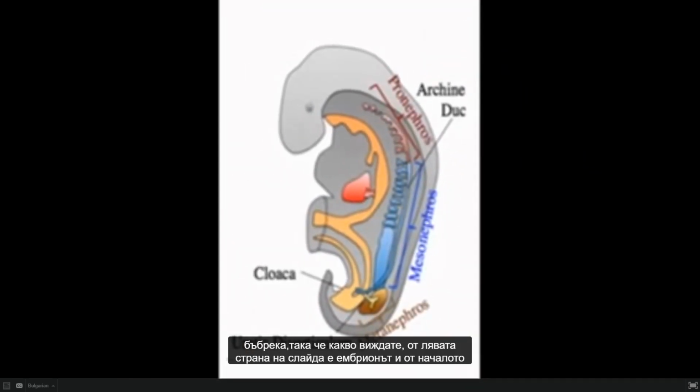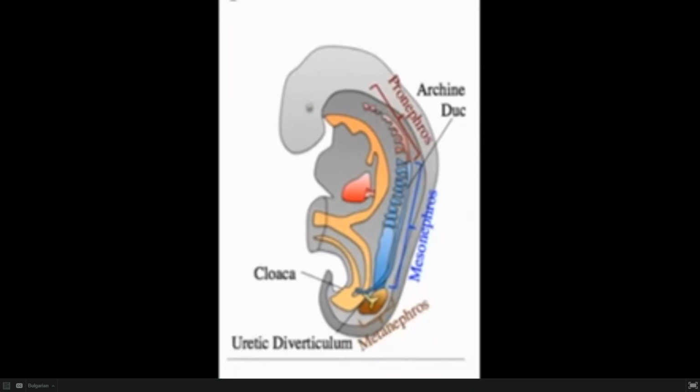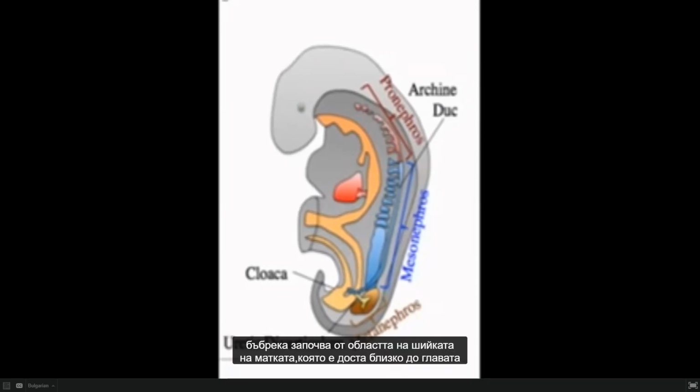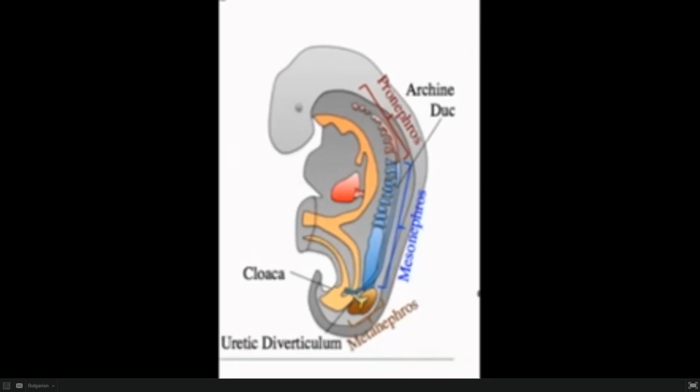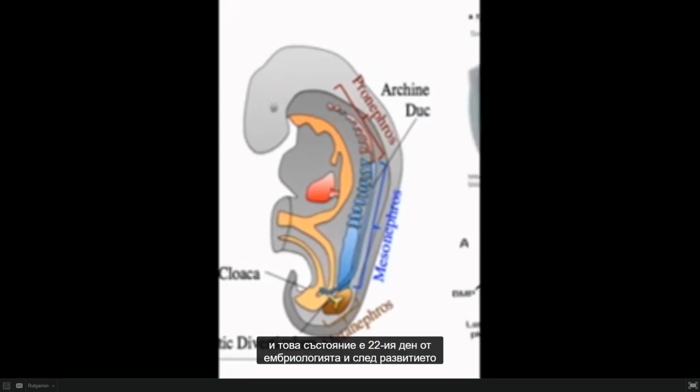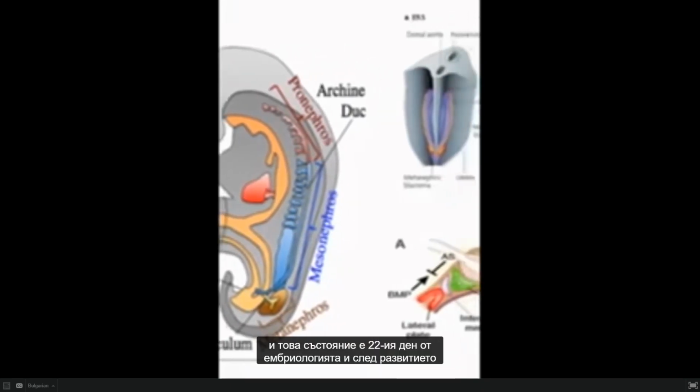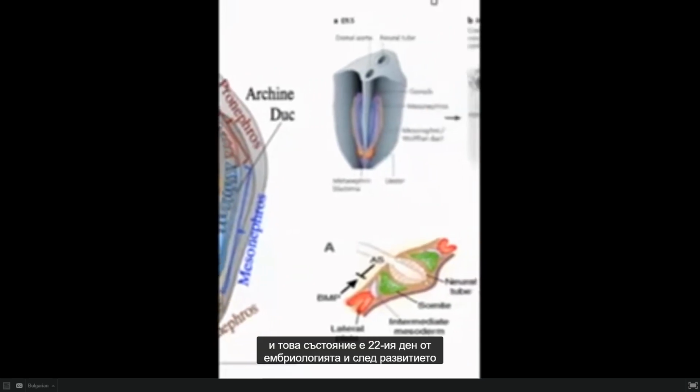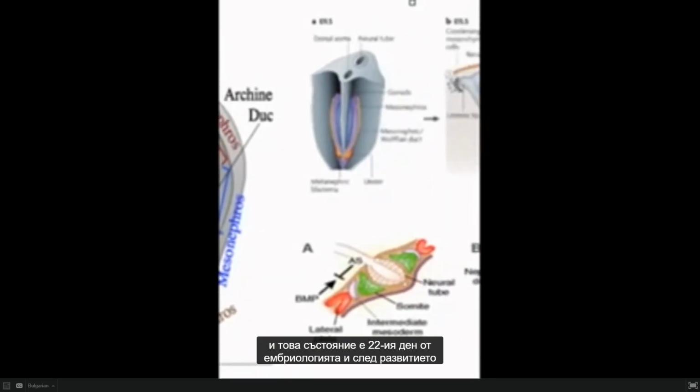From the beginning, the kidney starts to form in the cervical area of the embryo, so close to the head, at the 22nd day of the embryology.